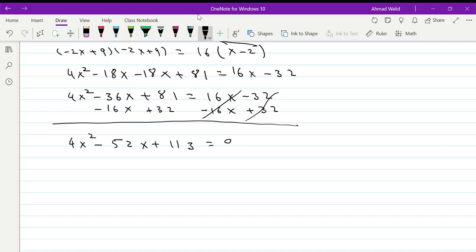Numbers are so big. If you can factor, please go ahead and factor it out. But if you cannot factor, this is the time that you can use your quadratic formula. Correct? Is there a mistake somewhere?